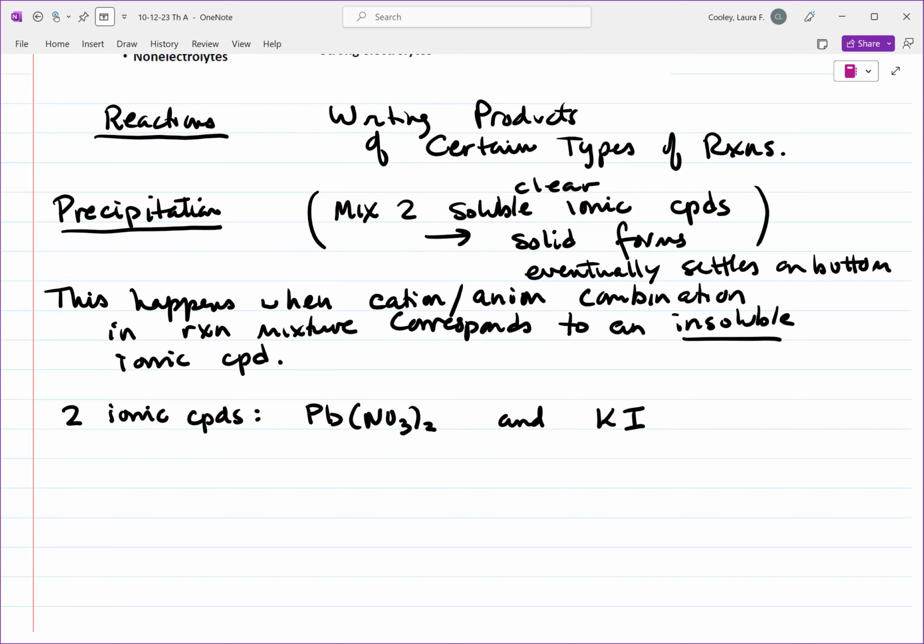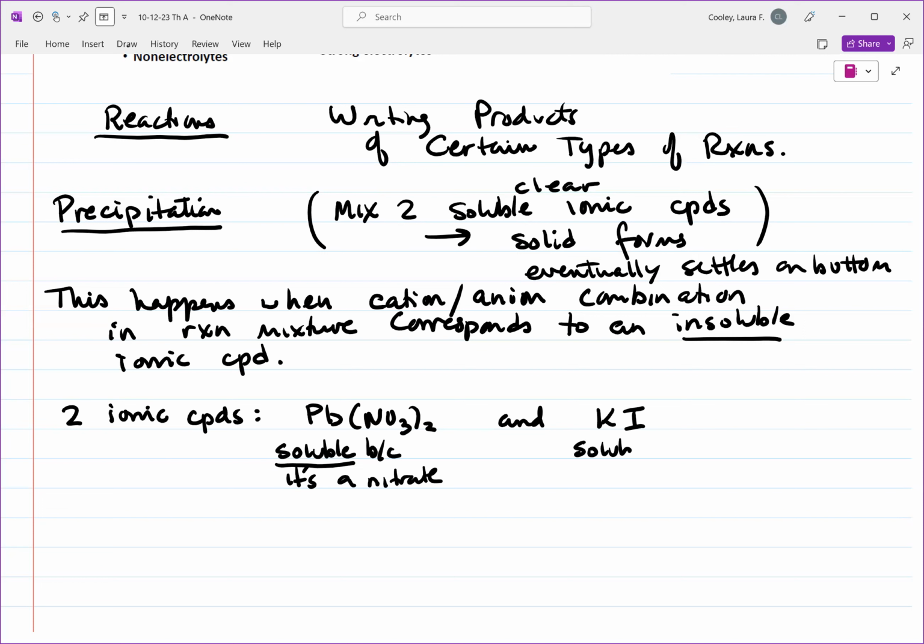Lead nitrate. Is lead nitrate soluble or insoluble? And how do you know? Right, because it's a nitrate. And nitrates are generally soluble with no exceptions. Potassium iodide. Soluble or insoluble?